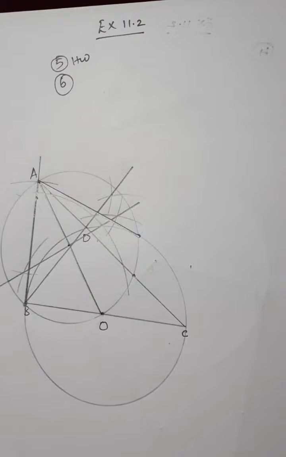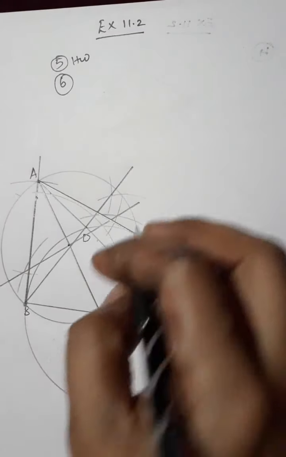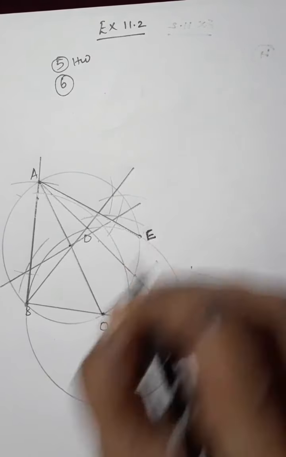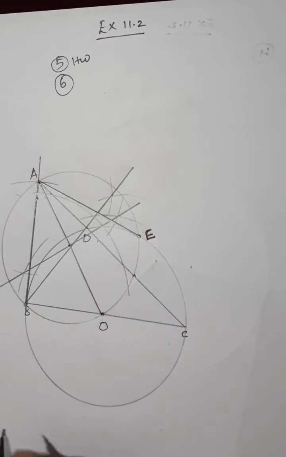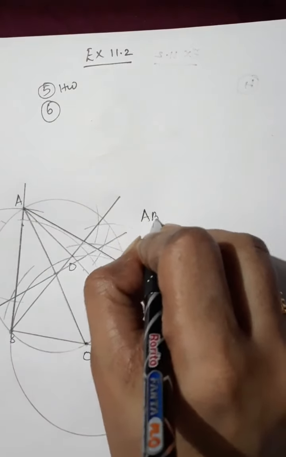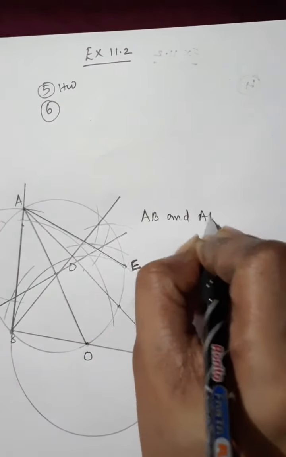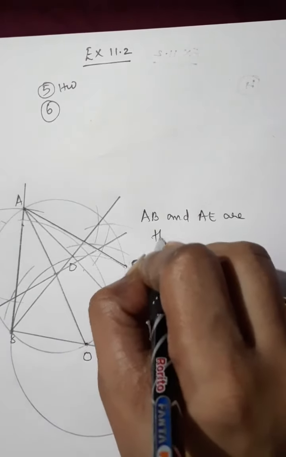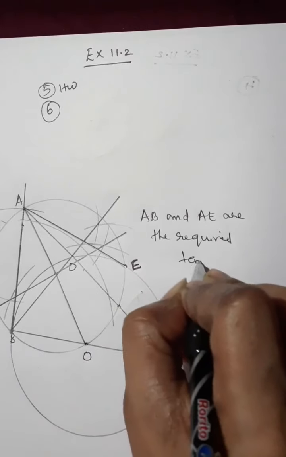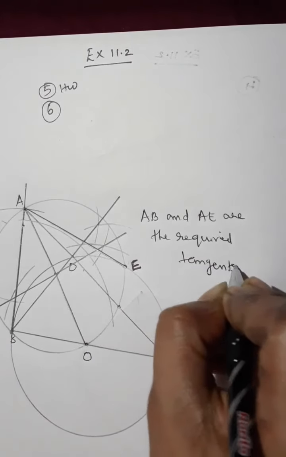Giving the names here, it is B, C, E. So AB and AE are the required tangents.